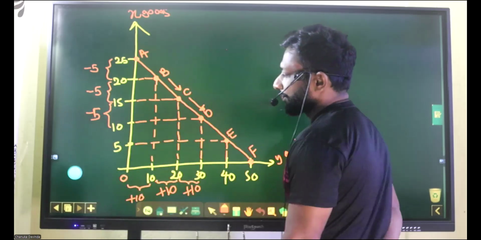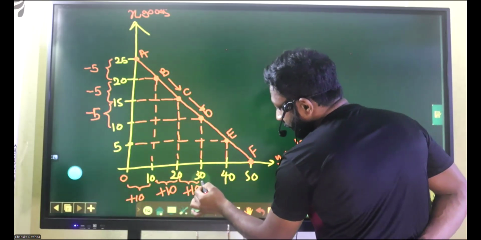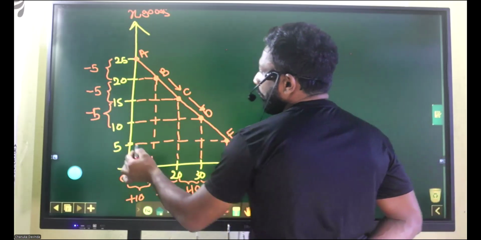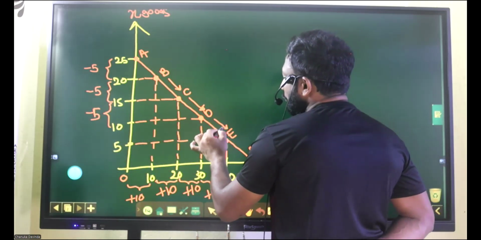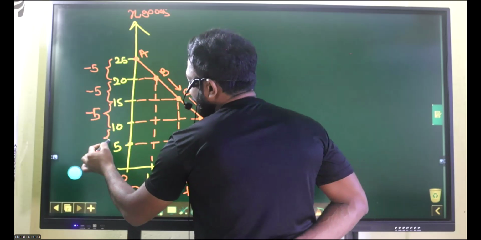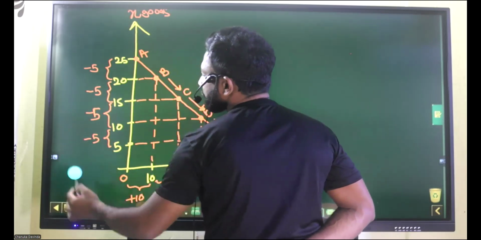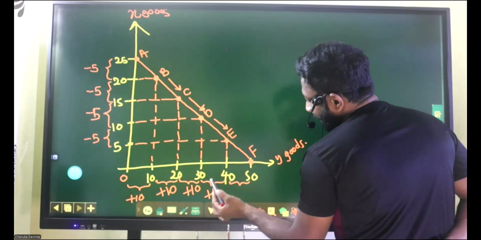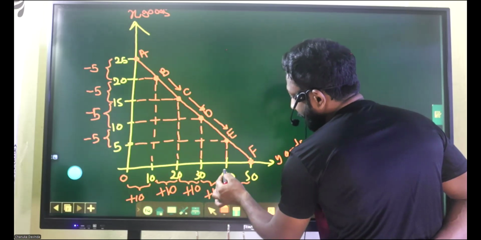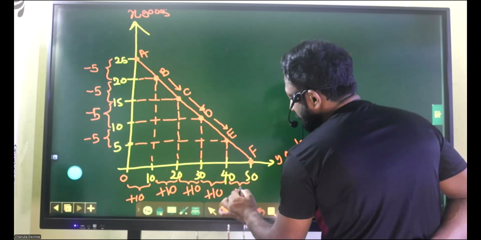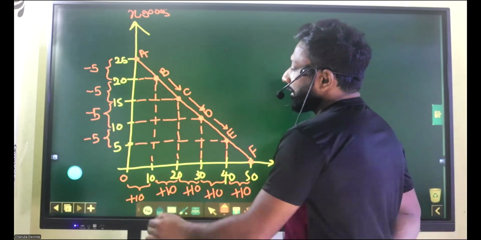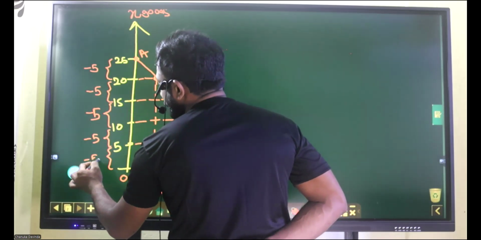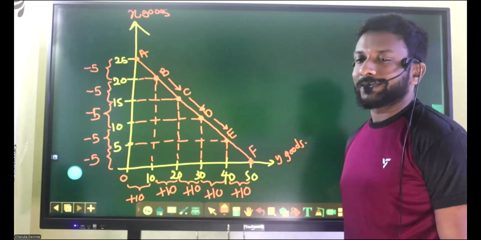When Y production increases from 30 to 40 by 10 units, point D will be moved to point E by reducing 5 more units from X production, right? So if we produce exclusively Y by increasing 10 more units at point F, again these 5 units will be reduced down to 0. So here 5 more units will be reduced.